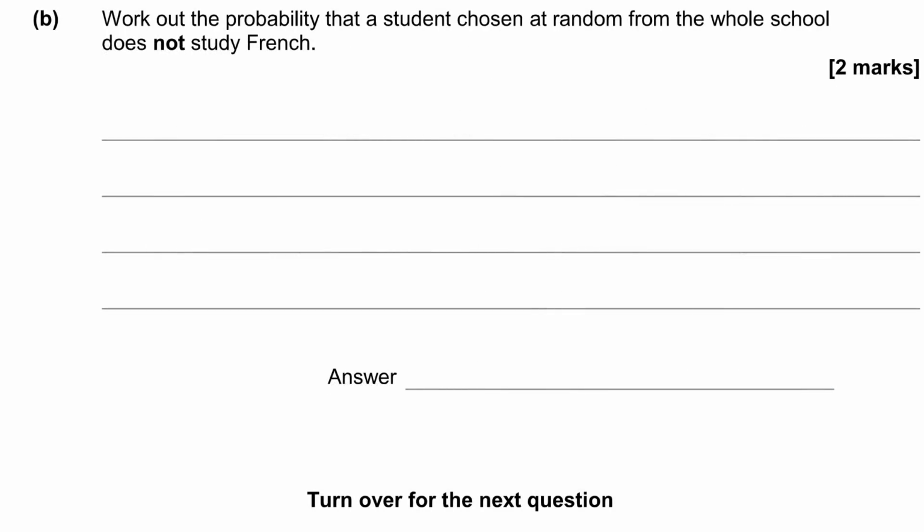Question 9b says, work out the probability that a student chosen at random from the whole school does not study French. Well, we know how many students study French now.